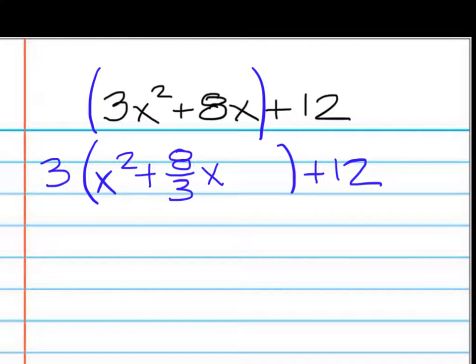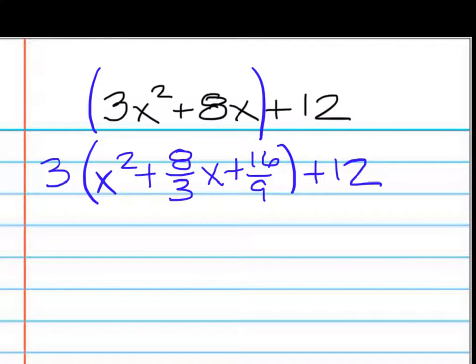If I square 4 over 3, what do I come up with? 16 over 9. If I multiplied the denominator by 2, I would have 8 over 6. And if I squared that, it would be 64 over 36. But I could reduce that down to 16 over 9. So it's probably better to take the numerator in half and then square the new fraction.